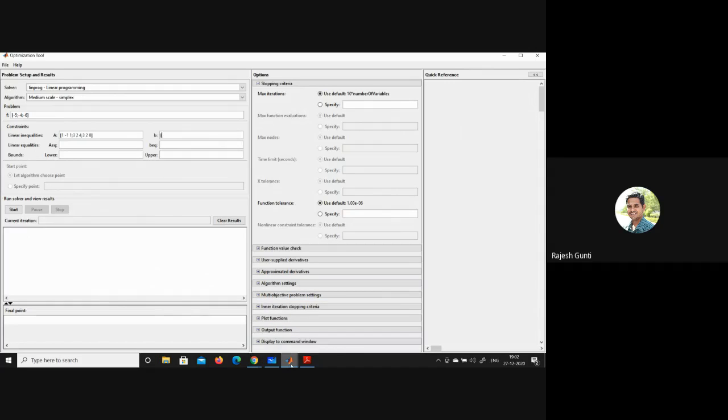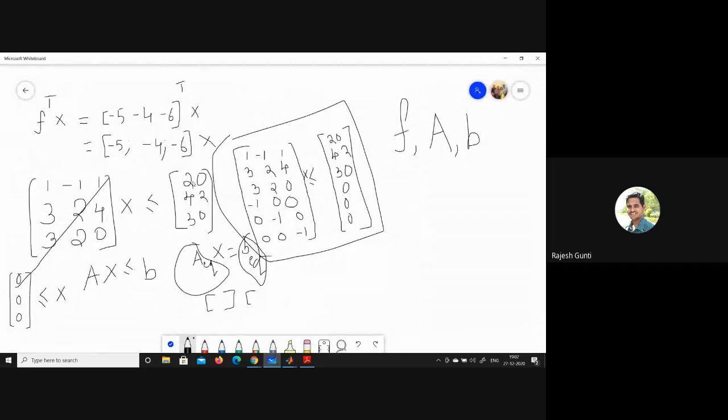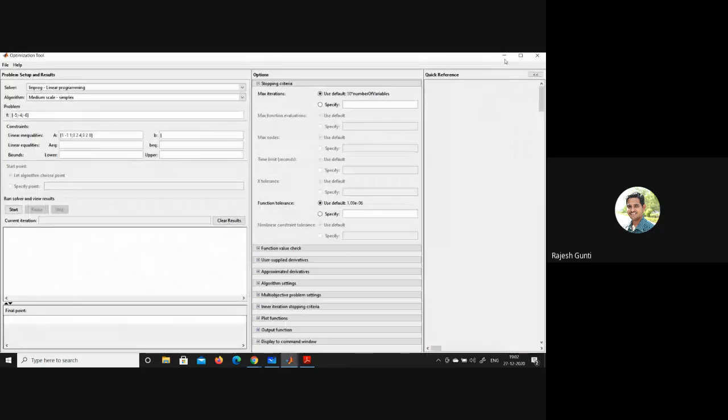Only matrix B, we have to enter matrix B. B is 20; 42; 30. So there are no equality conditions, so we have to give empty braces.